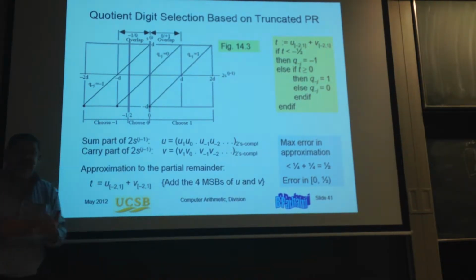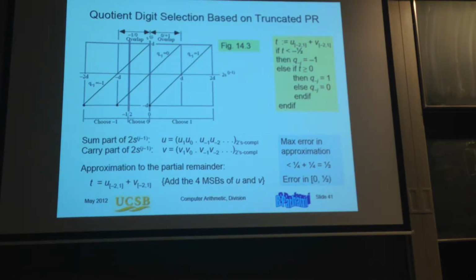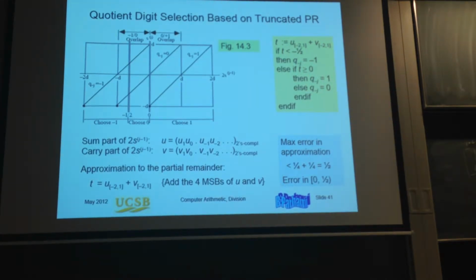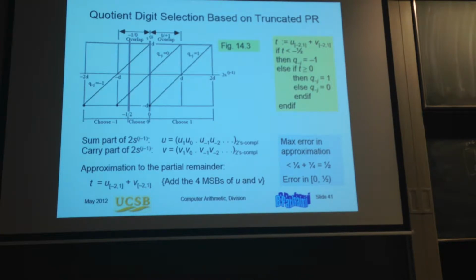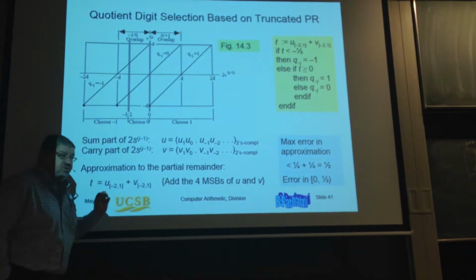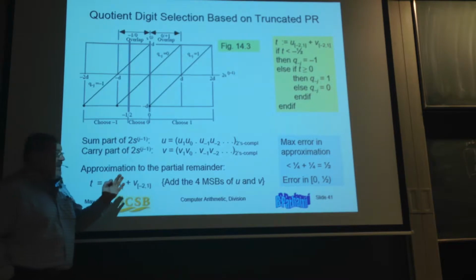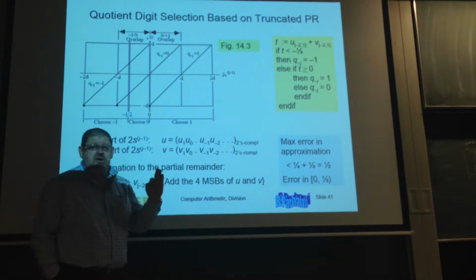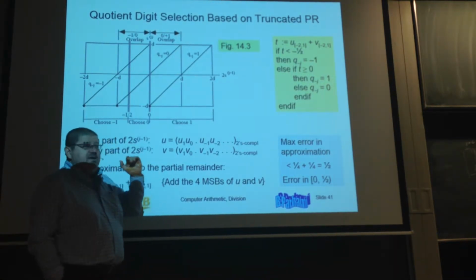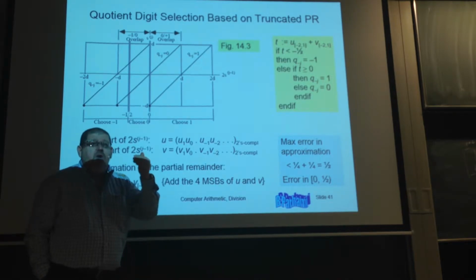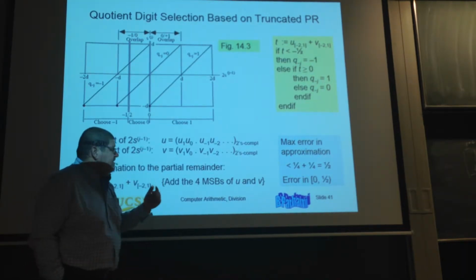Now, the advantage of that is that my iteration is a lot faster, because I do not have to propagate the carry. The disadvantage is that I have to be sure that when I'm making a choice, my choice is correct. And in order to know if I'm correct or not, I have to do a kind of error calculation or error estimation.